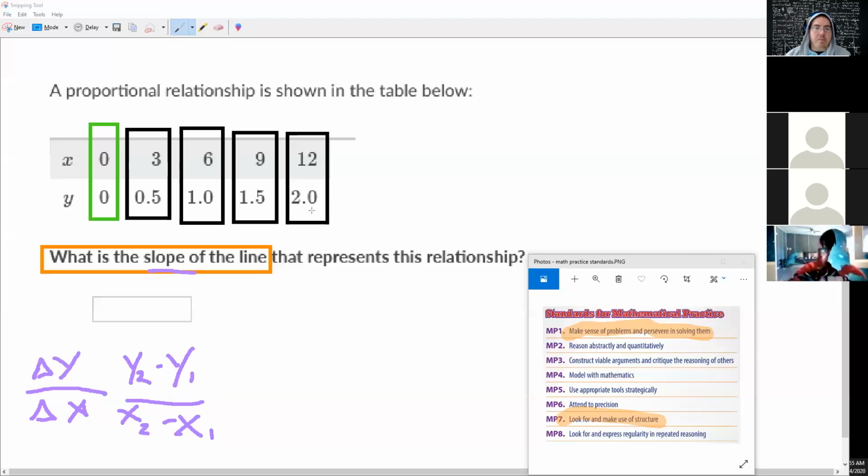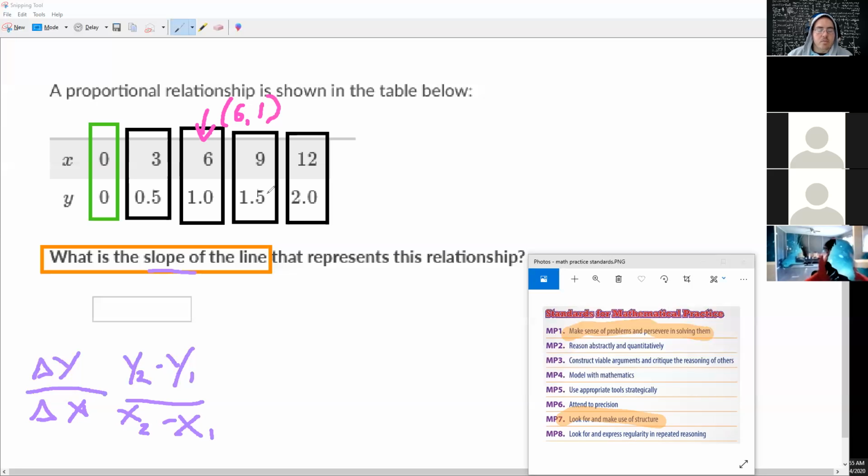Now, I'm going to go on record as saying it does not matter. Since these are all part of the same relationship, the same function, the same line, it does not matter which one we decide. But the 0, 0 is just a big boost of ease. Here's why. So let's say we choose this coordinate pair, which is 6, 1.